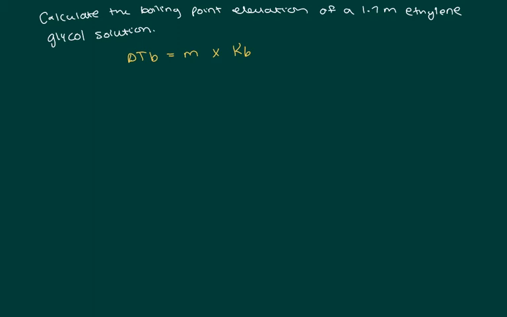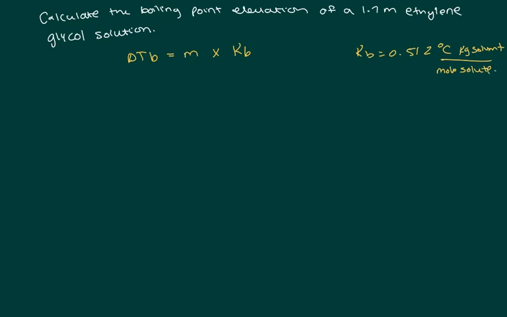It's our boiling point elevation constant for our solvent. Again, it's for the solvent, which is water in this case. And this is a value that you can typically look up. For water, it's 0.512 degrees Celsius kilograms of solvent over moles of solute.